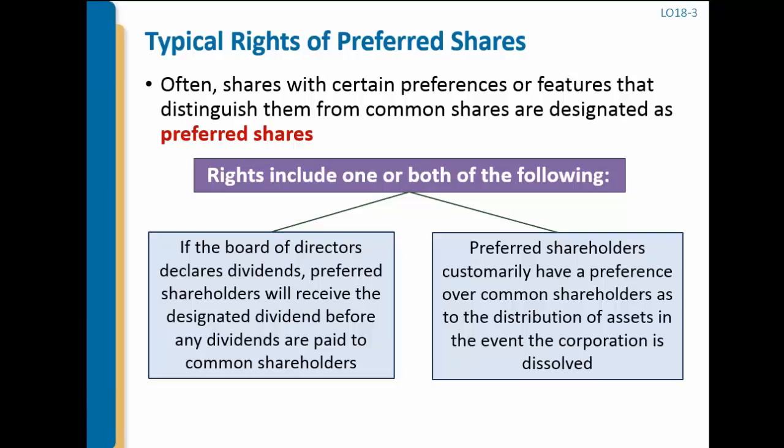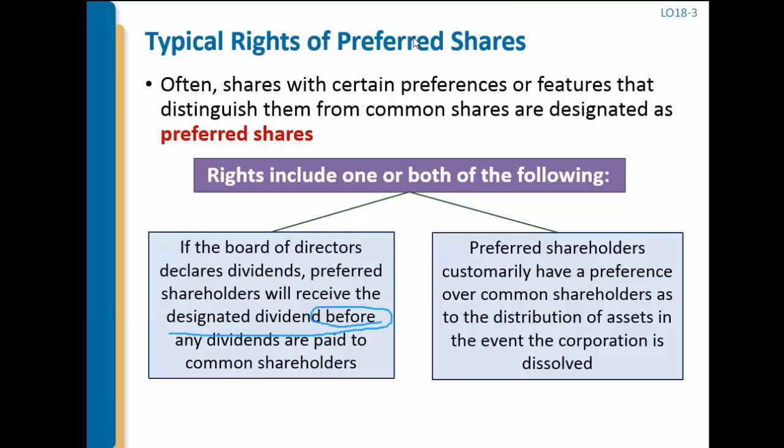Rights include one or both of the following. If the board of directors declares dividends, preferred shareholders will receive designated dividends before any dividends are paid to common shareholders. So let's just walk through this. They will get designated dividends before, so the key word here is before any common dividends are paid.